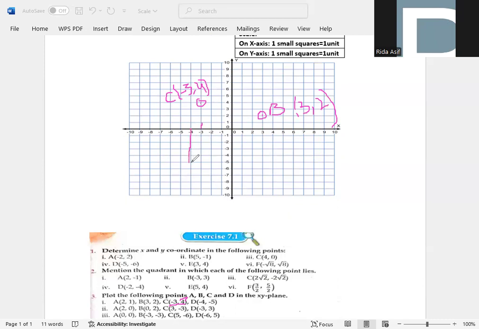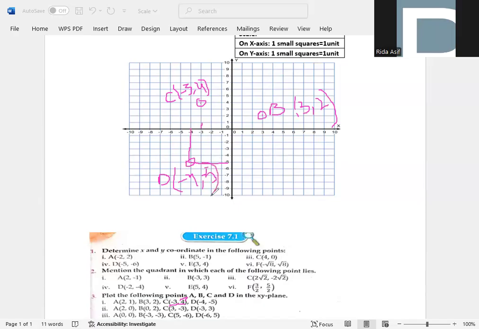And on the y-axis we take minus 5. This intersecting point gives us the last point, D, (-4, -5), right?